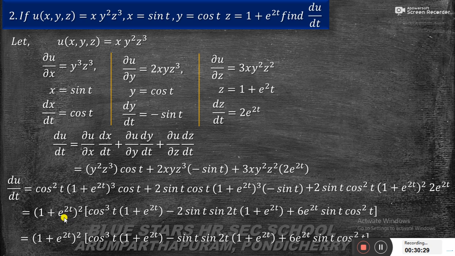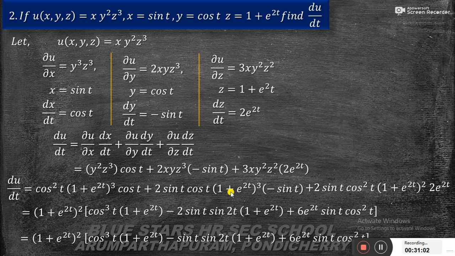So in the next step you see here, 1 plus e power 2t whole square is common in every term, so that factor is a common factor, and I write it outside. So 1 plus e power 2t whole square into the remaining terms: cos square t into 1 plus e power 2t, so cos cube t into 1 plus e power 2t.